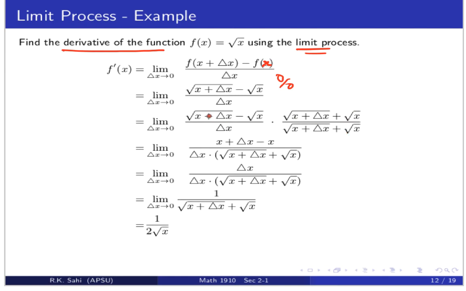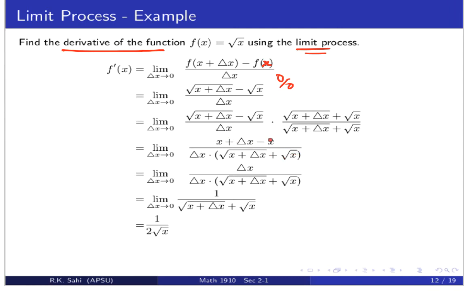So you're applying the difference of squares, a minus b and a plus b. Now it's all computation. The limit keeps on happening. So it's x plus delta x minus x divided by delta x times the square root of x plus delta x plus the square root of x.